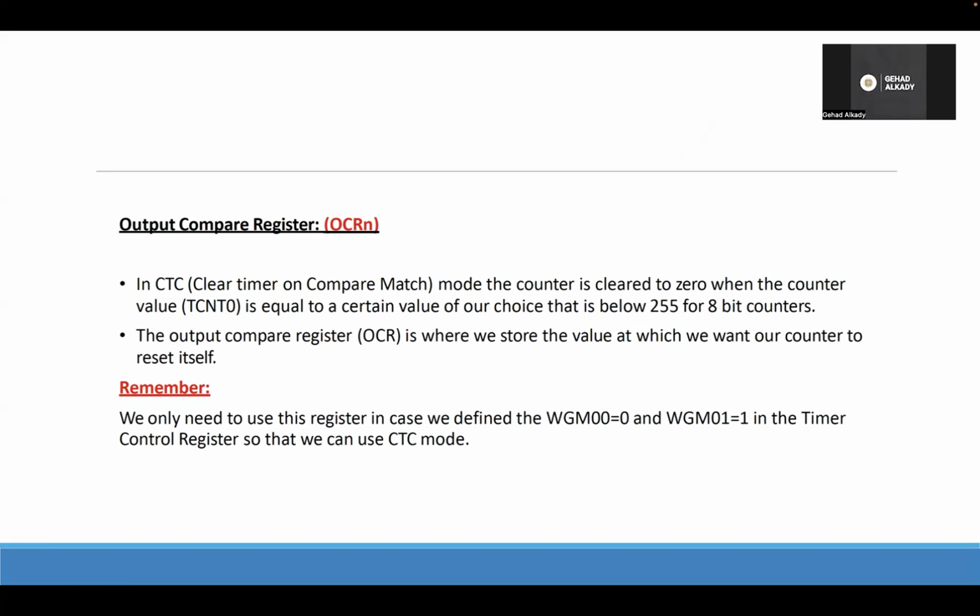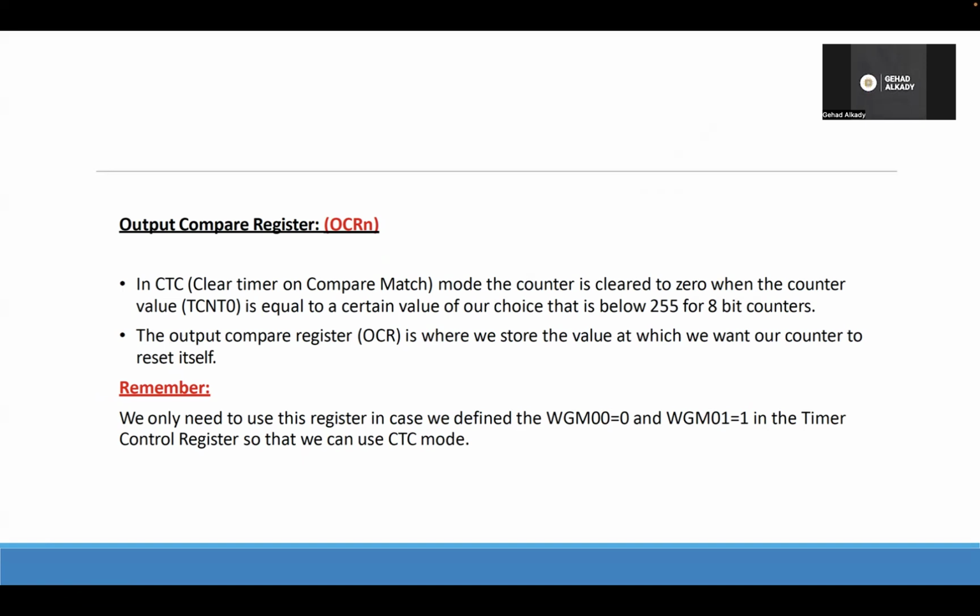So if we want our timer to make a delay of 1 millisecond, we have to calculate the number of counts that is equivalent to this 1 millisecond, as we said at the beginning of the timers, that we have to determine 3 parameters.